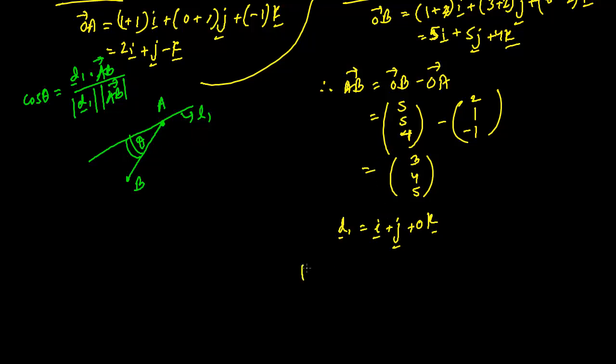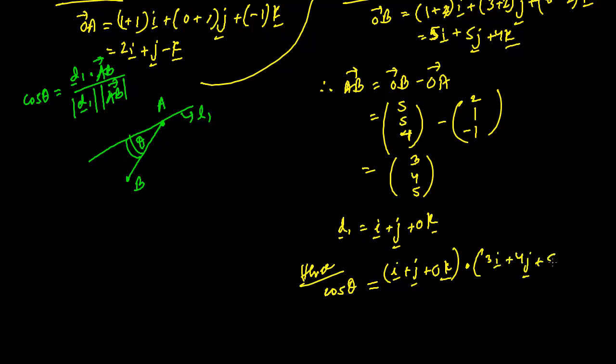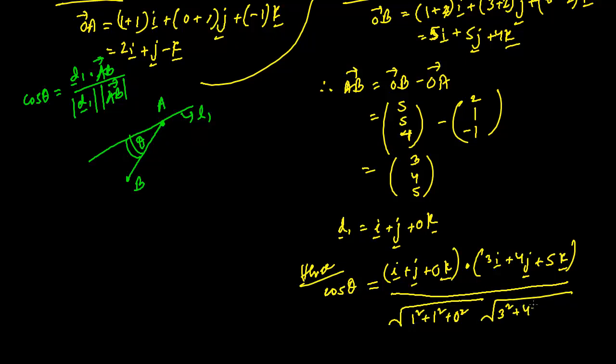So let's start. So hence cos theta equals, so direction vector of L1 is i plus j plus 0k, dot direction vector of AB is 3i plus 4j plus 5k, divided by square root of 1 square plus 1 square plus 0 square, square root of 3 square plus 4 square plus 5 square.